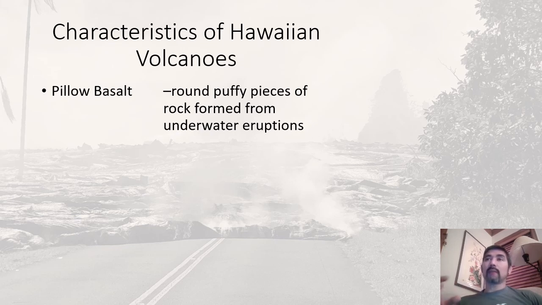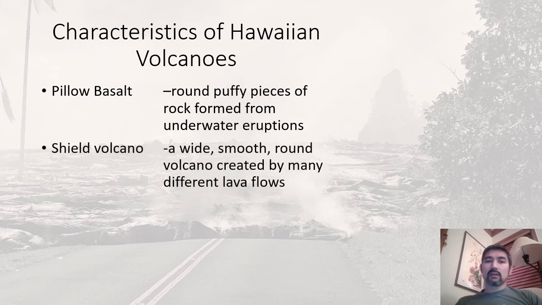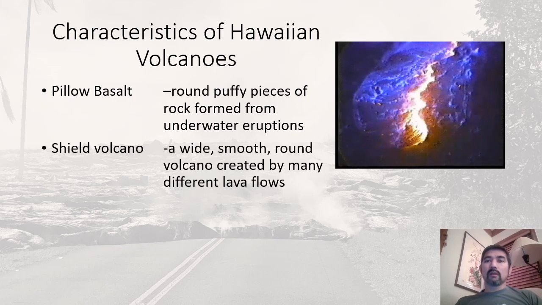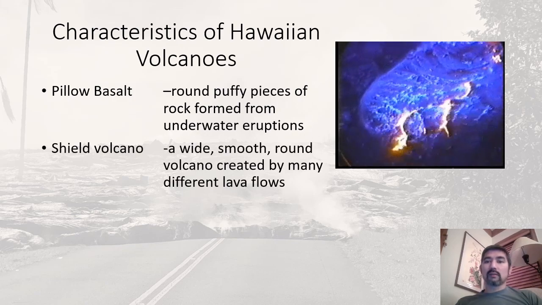What ends up happening is you get these sort of balls or beads of magma forming. They cool down, and then more magma keeps flowing out until you have what basically looks like a pile of puffy pillow-shaped rocks. And here we have an image of what that pillow basalt looks like.